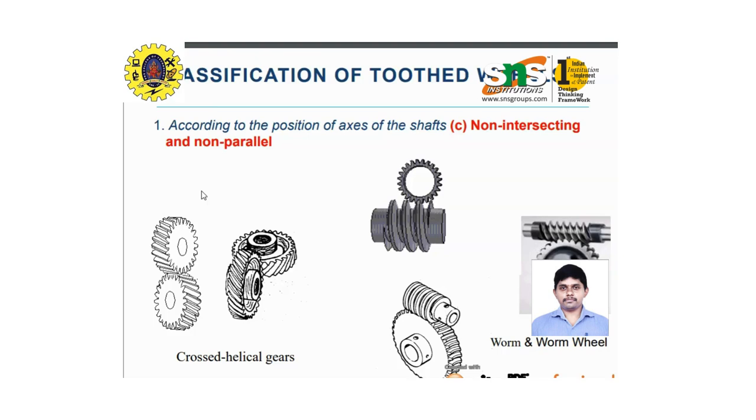So there is a possibility of questions asking whether it is non-intersecting and non-parallel. If it is non-intersecting and non-parallel, we need to use crossed helical gears or the worm and the wormwheel.